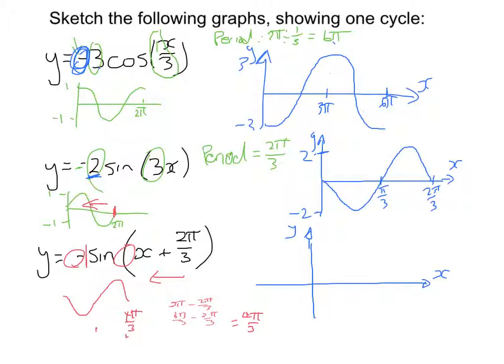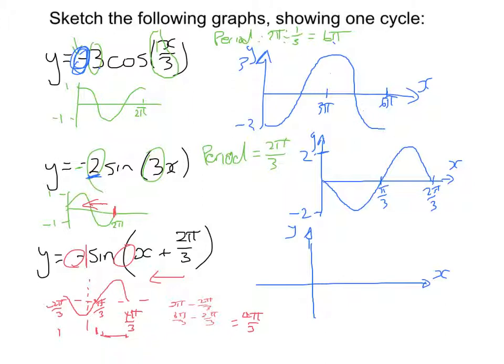Now, half a cycle is pi, so here is going to be at pi on 3, and then we go back another pi, and this will be -2 pi on 3. That'll give us an idea of the shape of our graph. So we're going to have our y-axis come through there, and this is where the x-axis comes through.